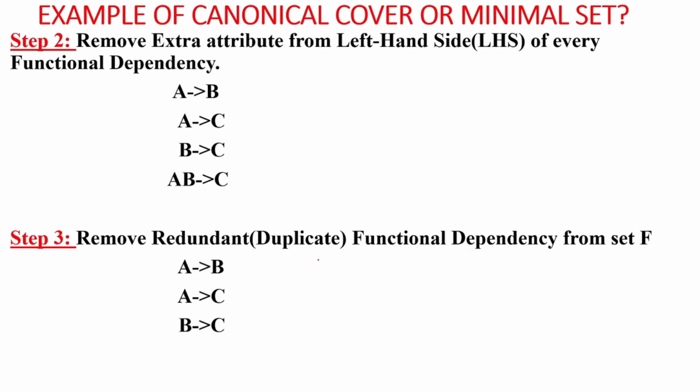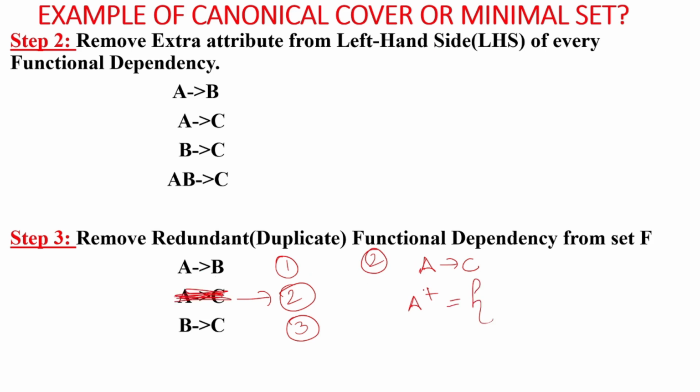Now check the second FD, that is FD number 2, and find out whether it is a duplicate FD or not. In FD number 2, find A's closure again. Don't consider FD number 2. When you find the closure, only consider FD number 1 and 3. So in A's closure, A will come. Is any other attribute coming other than A? Find in FD number 1 and 3 where A is determining anything. Yes, A is determining B. So B is coming. Now check whether B in turn is determining anyone.